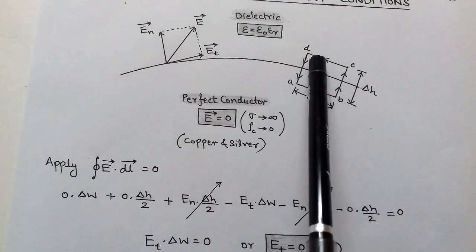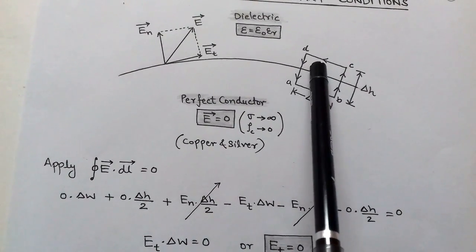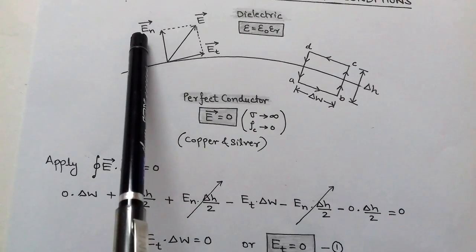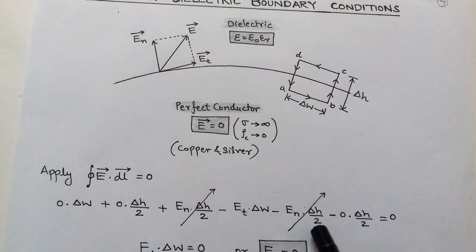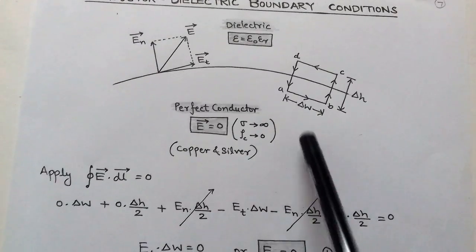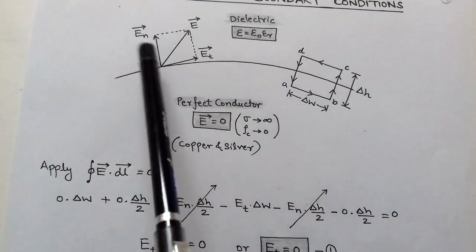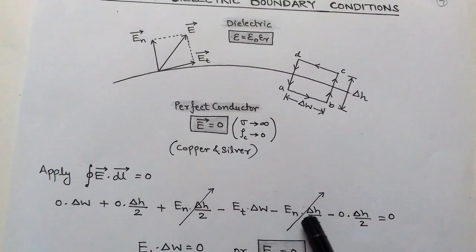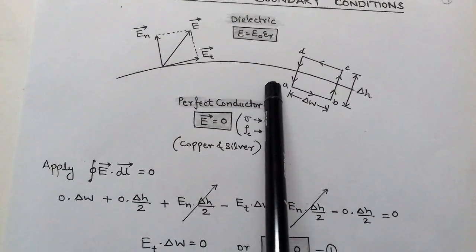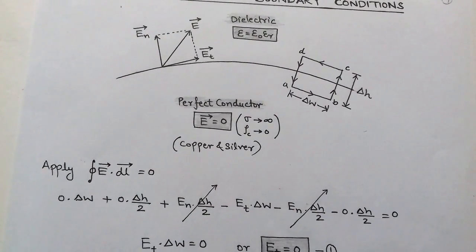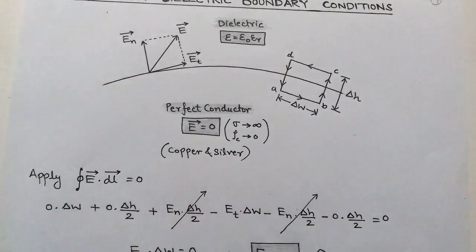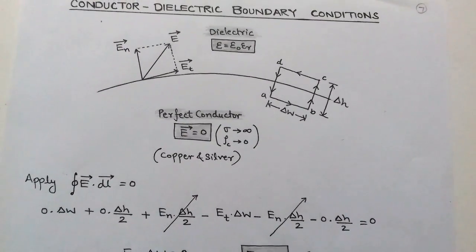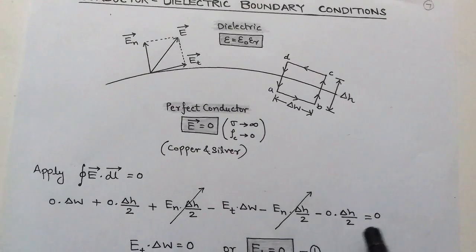Again, while moving from D to A, it is in the normal direction but opposite to the normal component of E. Half of this is in region 2, so it is En into delta H by 2, but half of DA is within region 1, that is within the perfect conductor, where there is again no electric field, so it is 0 into delta H by 2.